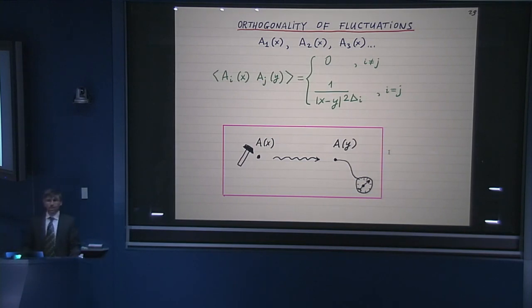You take your system, you hit it at the point x with a hammer, and this creates some disturbance in the system, and then at the point y, you read off what is happening with some experimental apparatus, and the result of this reading off is precisely this two-point correlation function. That's just another way to think about this quantity.